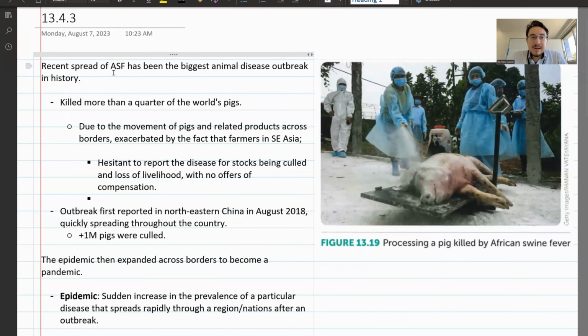So this African swine fever has been the biggest animal disease outbreak in history. It killed more than a quarter of the world's pigs. Of course, pigs are being consumed, traded, sold, bought, et cetera, across all of the world, basically.